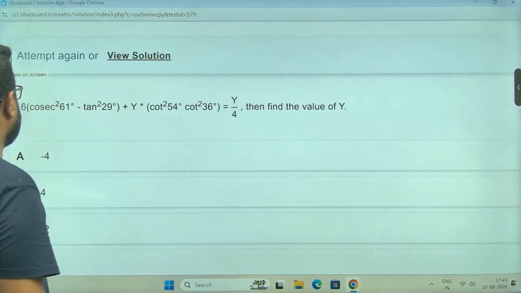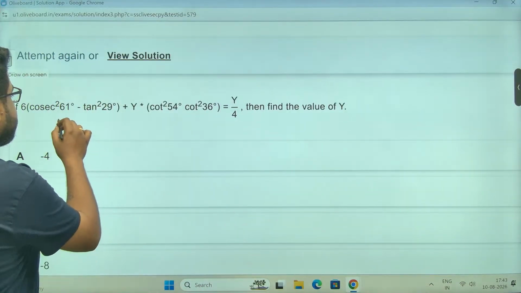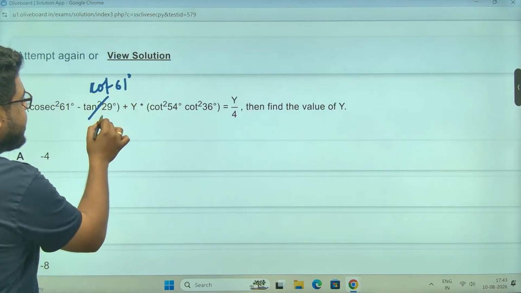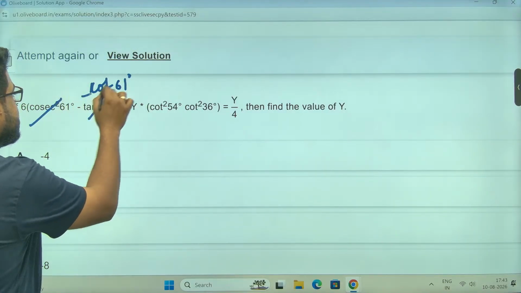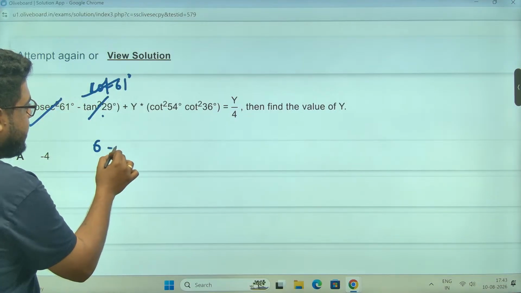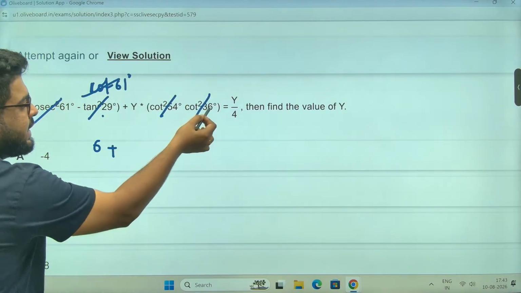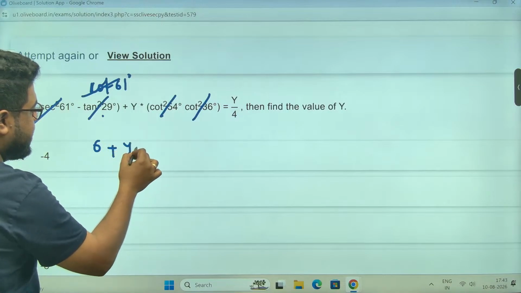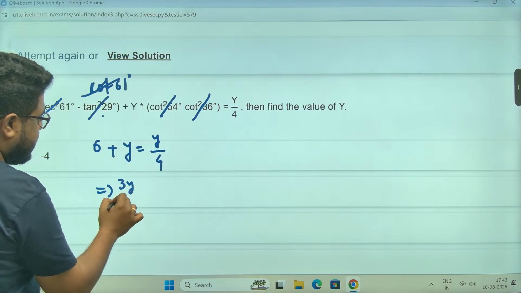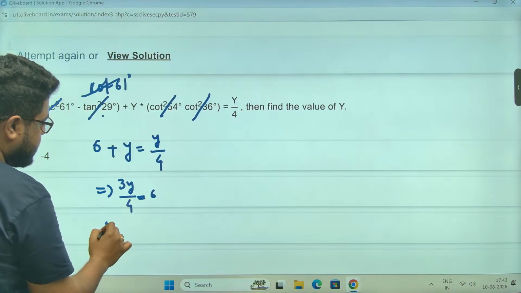Again, complementary angle, as I can see. Cosec, this is tan, so this is cot 61 degree. 29 and 61, they are this. So this is 1. 6 is the coefficient, so 6 into 1, 6. These two will cancel, tan 54. So y is equal to y by 4. So 3y by 4 equal to 6. So y must be 8.